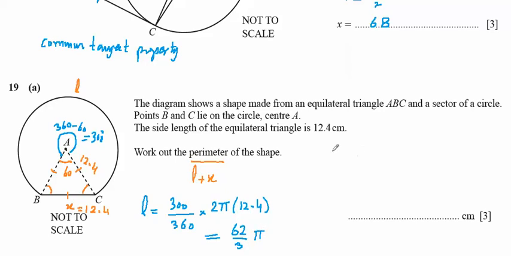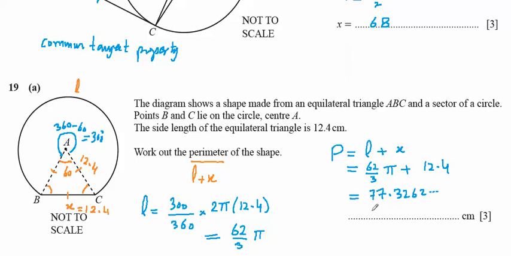So the perimeter will be equal to this arc length plus the length BC, which we mark as X. So it is 62 over 3 pi plus X, which is 12.4. The final result will be 77.3622 and so on.